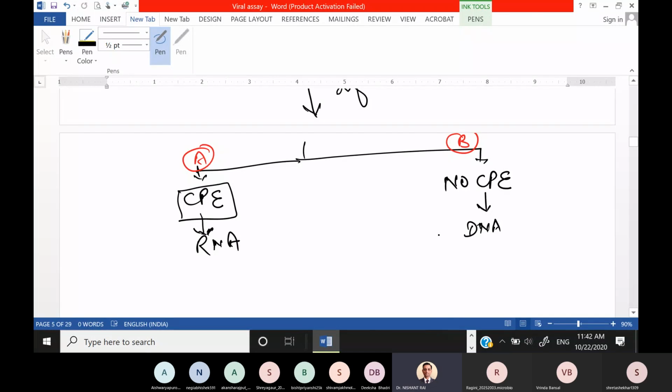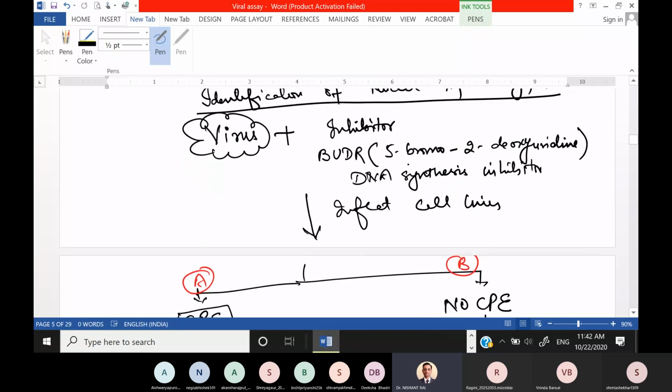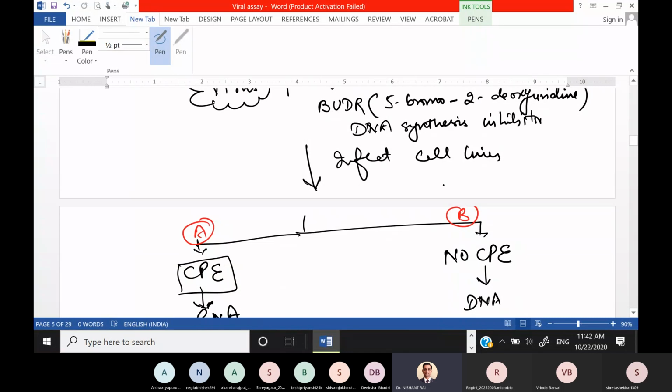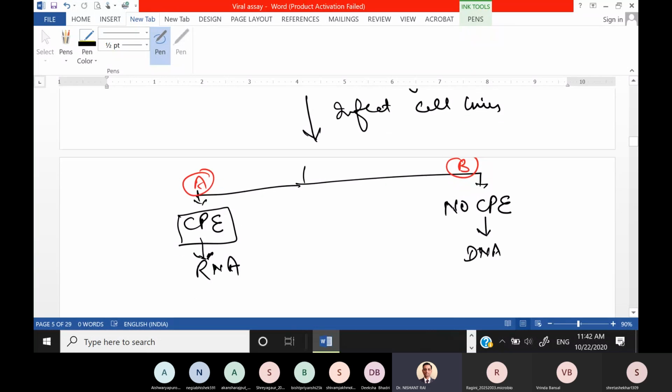Yes, the answer is absolutely right. So what we are saying is this BUDR is a DNA synthesis inhibitor. Let us assume that the virus is DNA containing. So what will happen? It will inhibit the DNA synthesis, the virus is not able to multiply and hence no cytopathic effect will be observed.